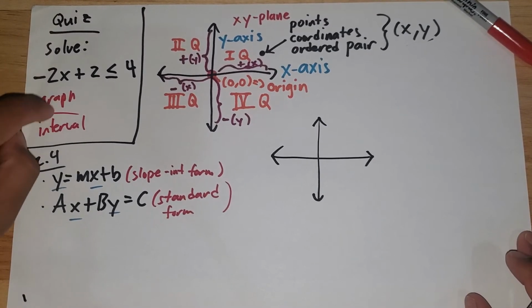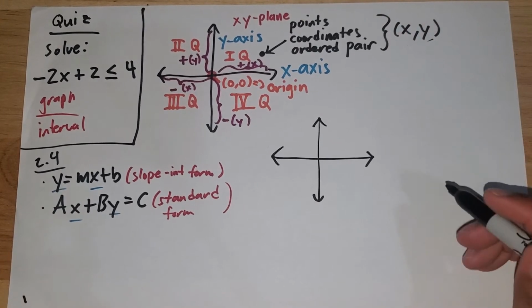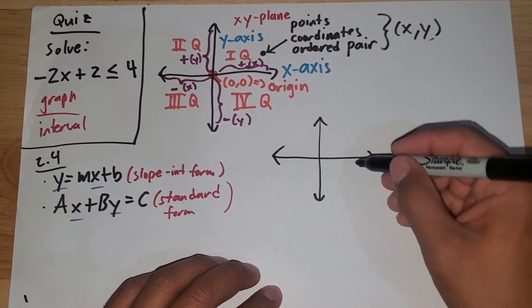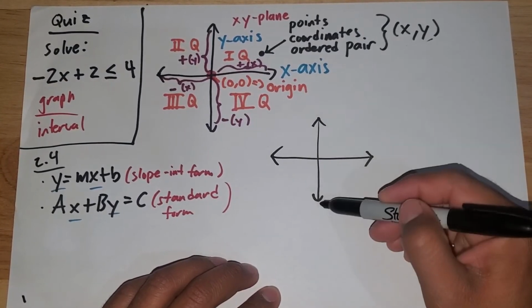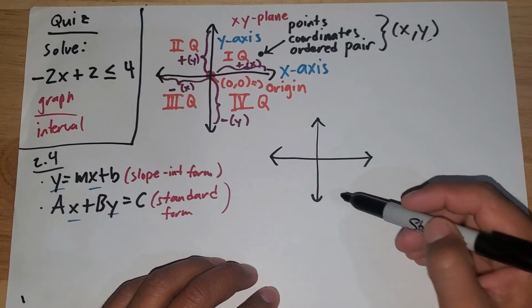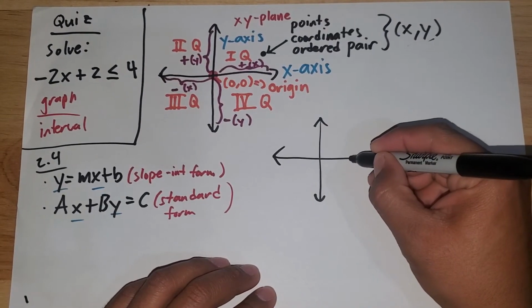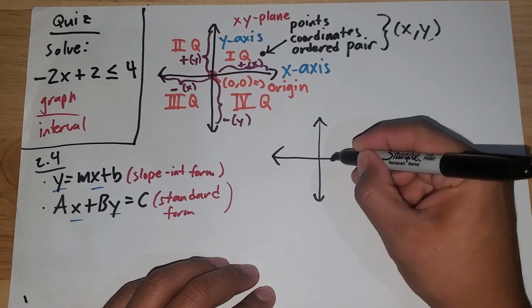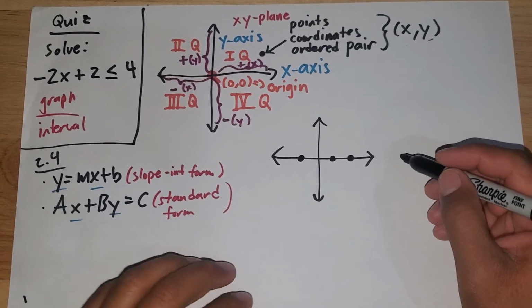I should have put this on a different sheet of paper. I know that for the next video. So what I'm talking about is, again, everything's still the same. That's the origin. This is the x-axis, y-axis, first, second, third, fourth quadrant. All those things still apply. But there's a couple more points on these graphs that have very specific names.